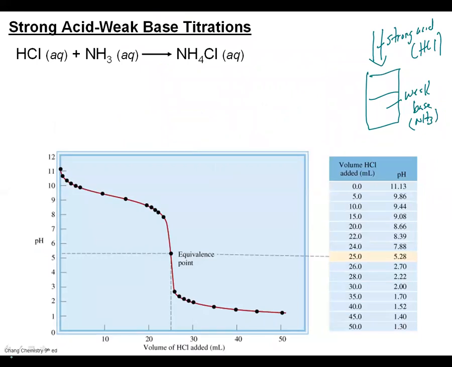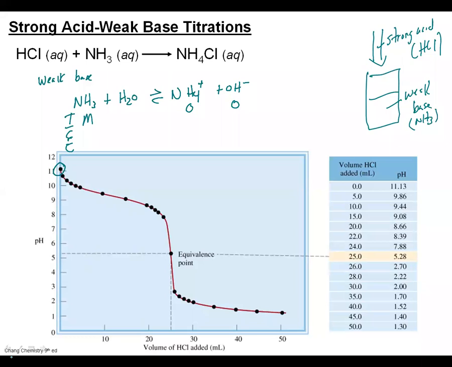So it is just a KB problem at that point before you begin. And you would do an ice table to begin with the molarity, because you haven't added any HCl in this case. These would be your minus X's, your plus X's, your plus X, your molarity minus X, your X, and your X.